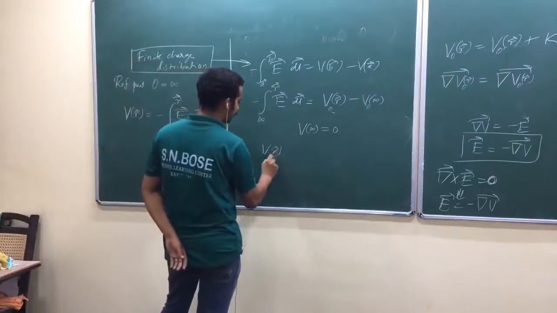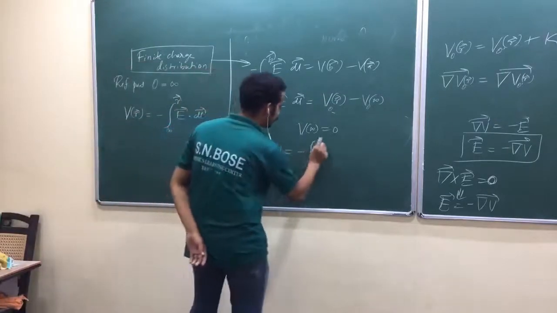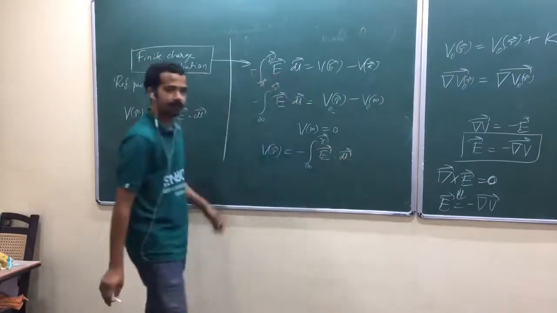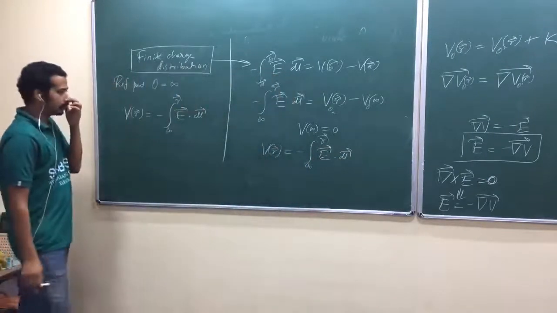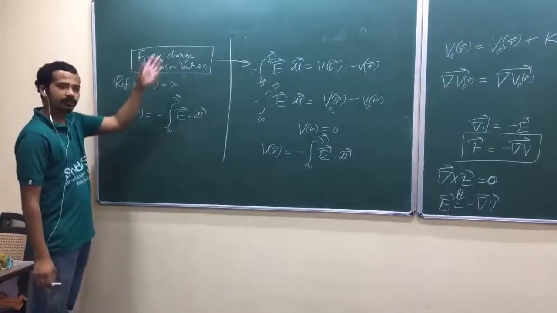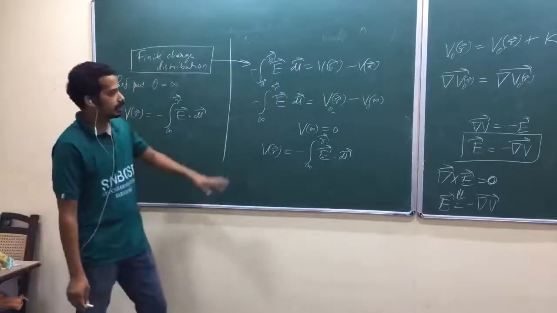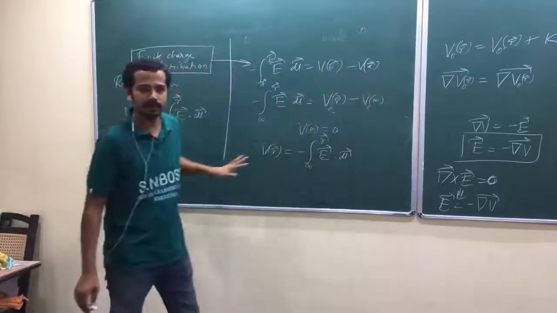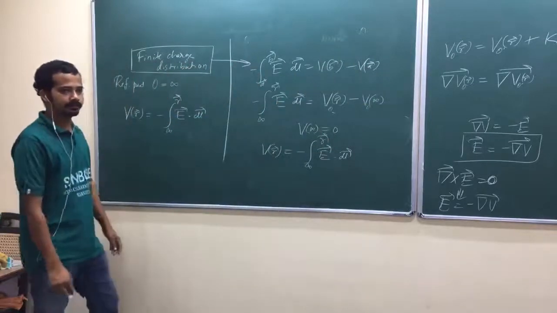Potential at r, that's equal to minus infinity to r E bar dot dl bar. So one possible definition is by choosing the reference point infinity. Other one is take the potential difference definition, choose potential at infinity 0, then also you will get same definition.